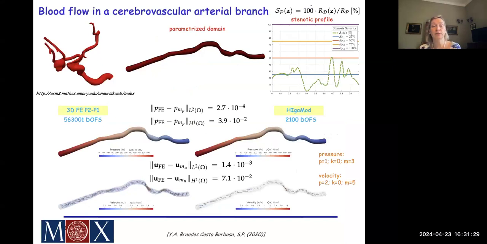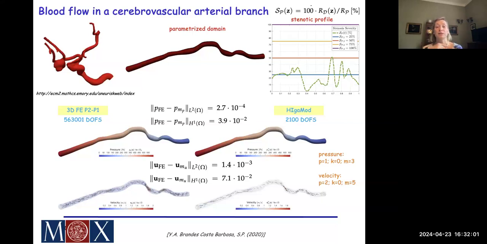And here we have a first simulation. So we deal with the blood flow modeling in a cerebrovascular arterial branch. So the geometry is not too complex. So this is just a warm-up test case. On the left column, you have the finite element approximation, so the full model. On the right column, you have the HiMod discretization.